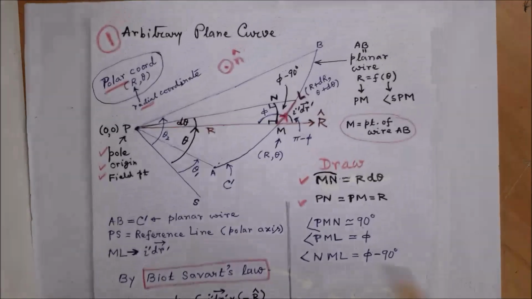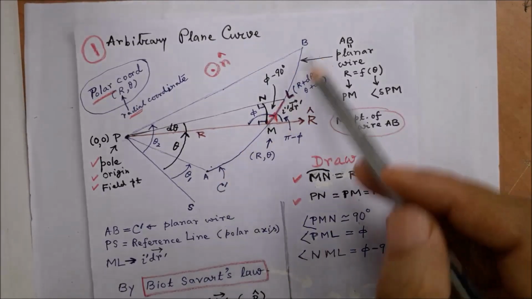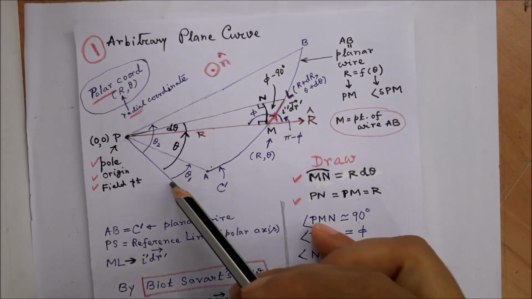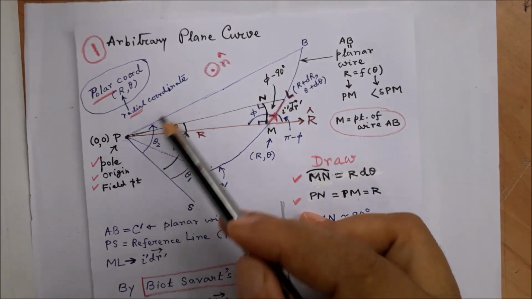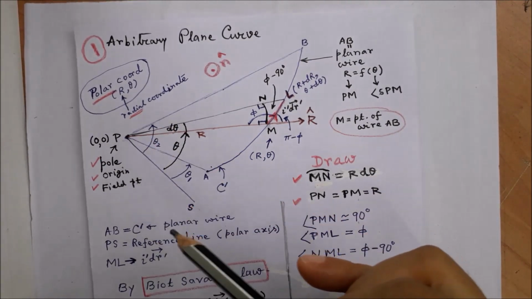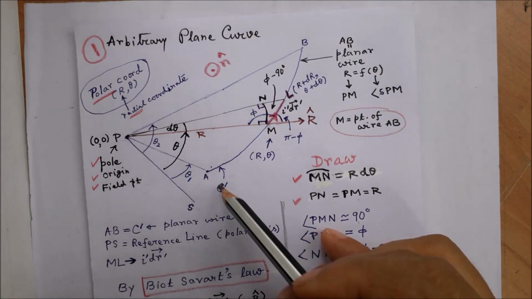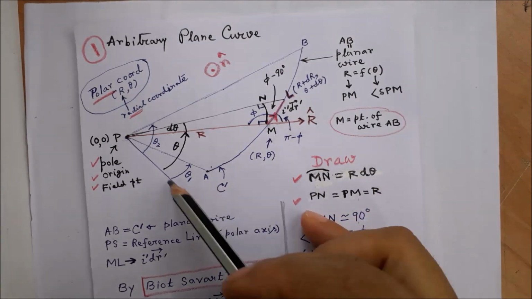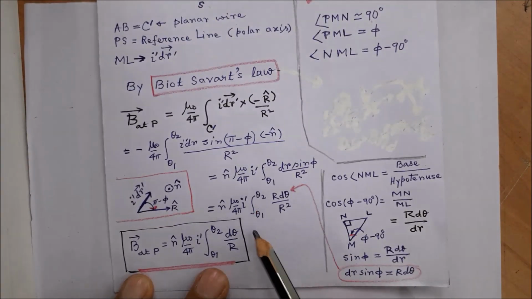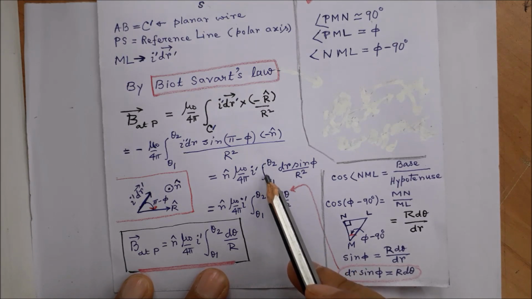At the extremities of the wire, A makes an angle theta 1 while B makes an angle theta 2 with the reference axis, so that the integration is over C prime, that is from A to B, that is from theta 1 to theta 2, as has been indicated over here.